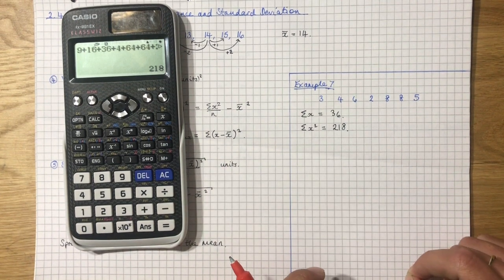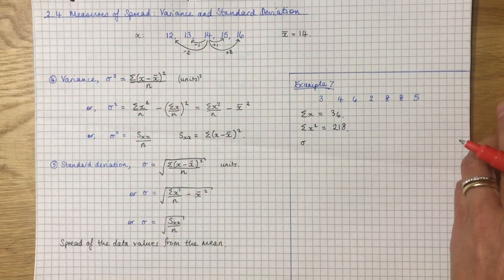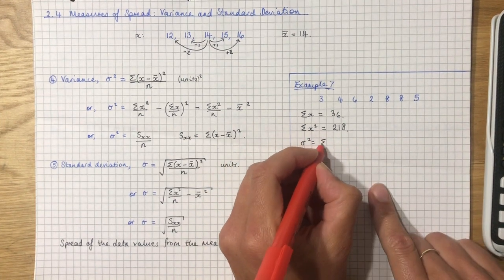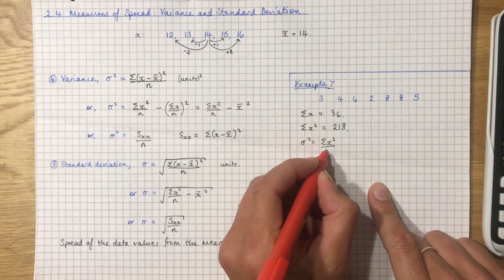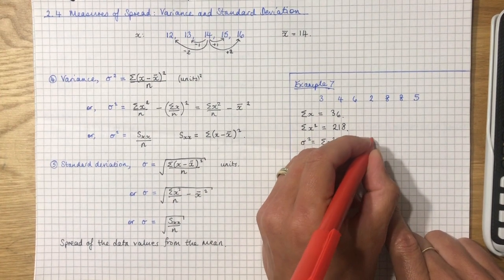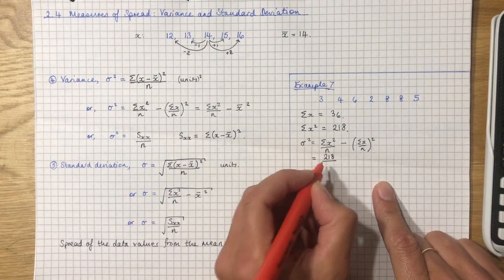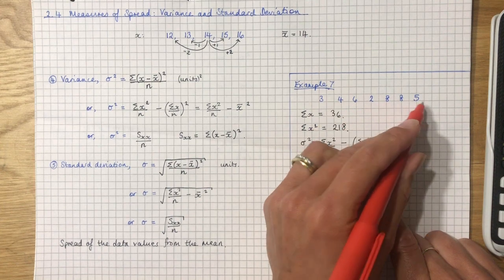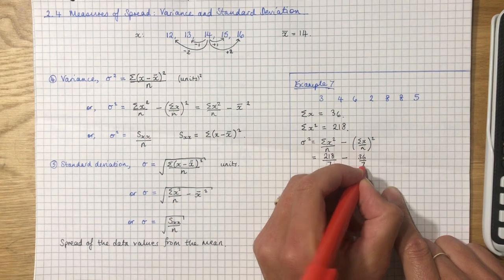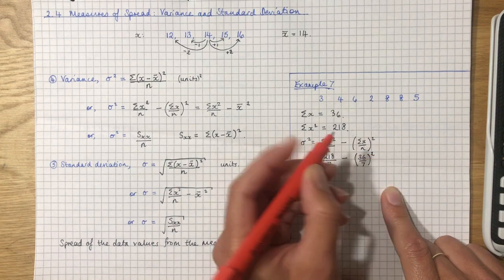Once we've got both of those, we can find our variance. Let's move the calculator out of the way. The variance formula here is the sum of the squares divided by n minus the mean squared. So we've got 218 over, what was it again, 7? 1, 2, 3, 4, 5, 6, 7, yeah, minus 36 over 7, add them all up, divide by 7, that's the mean, squared.